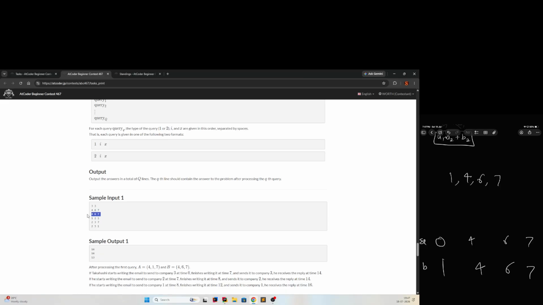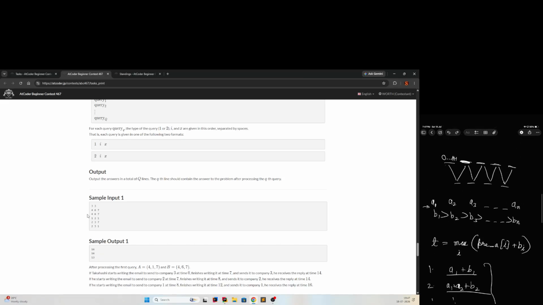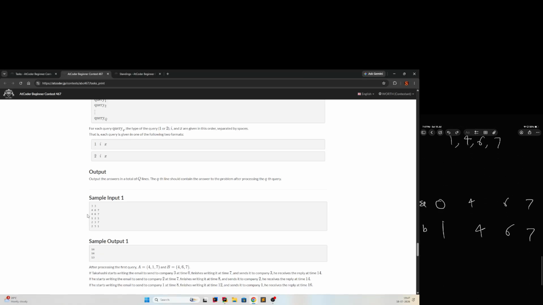Now for a little implementation detail: for coordinate compression I sorted this in ascending order, but here we wanted B in descending order. So instead of prefix sum, I have taken the suffix sum. So the time is going to be 7 plus 7. Here it is going to be 7 plus 6 plus 6. Here 7 plus 6 plus 4 plus 4.